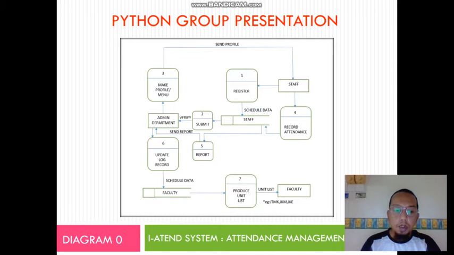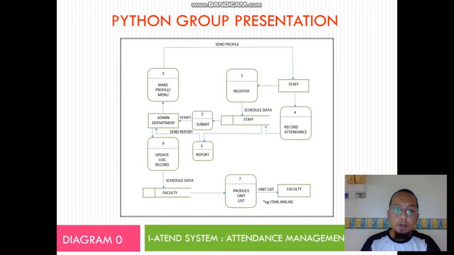So the diagram 0 for the IIT system starts with registration by staff. So the first process is register. When the staff register for the IIT system, the data will be saved at the staff data storage, and the data will be sent to admin for submission, and admin will verify the submission.